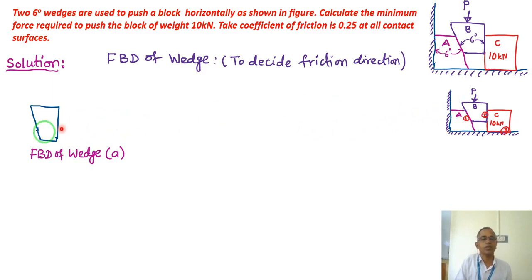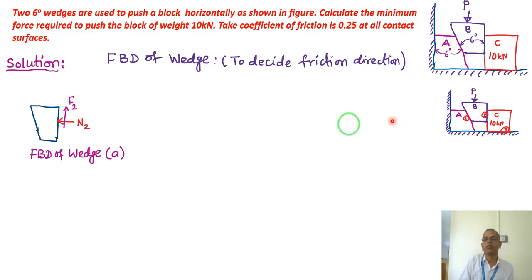Now the first force I see here is the contact between B and C, right? The contact surface of the B block is vertical, so the normal force is N2. Now since this block is moving downward, the friction is upward, which is F2.